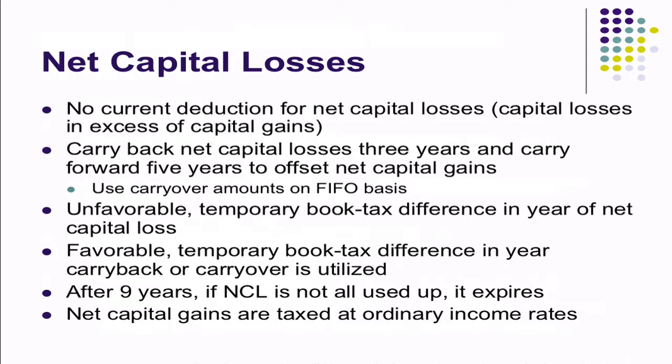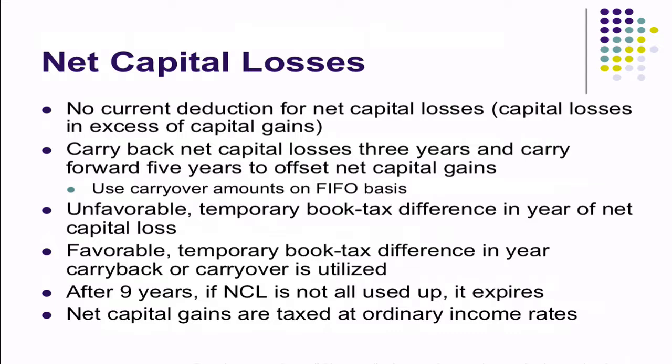Okay, net capital losses. Corporation has no current deduction for net capital losses. Capital losses in excess of capital gains would typically generate a net capital loss. Corporations can't deduct that. All they can do is carry it back 3 years and carry it forward 5 years to offset capital gains. So what happens then is this.